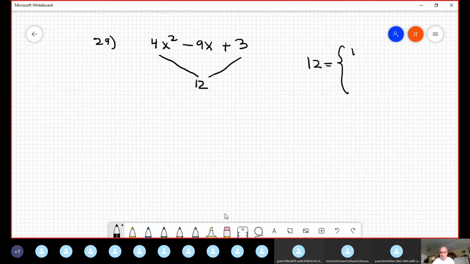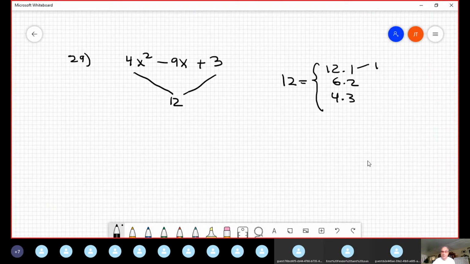So 12 and 1, 6 and 2, and 4 and 3. When you add 12 plus 1 it is 13. When you subtract it is 11.